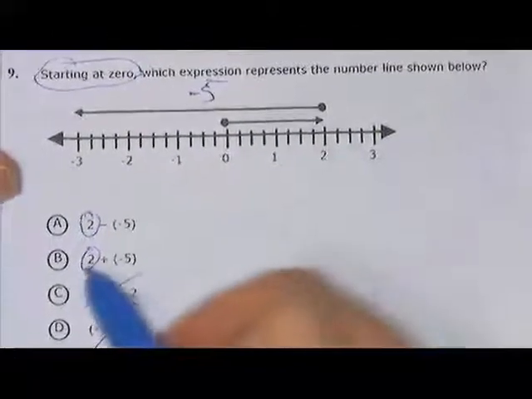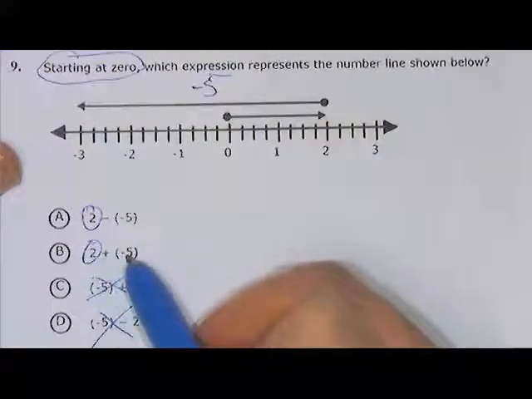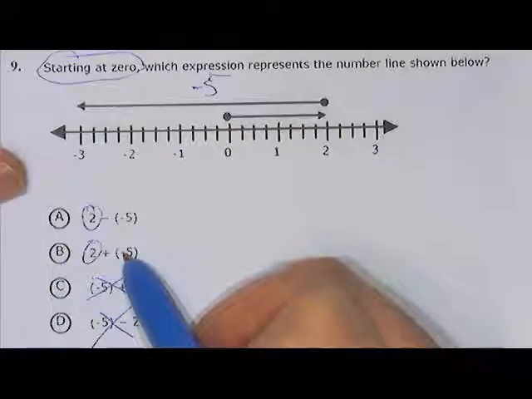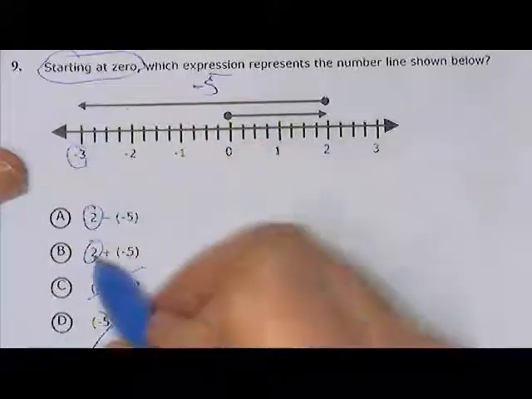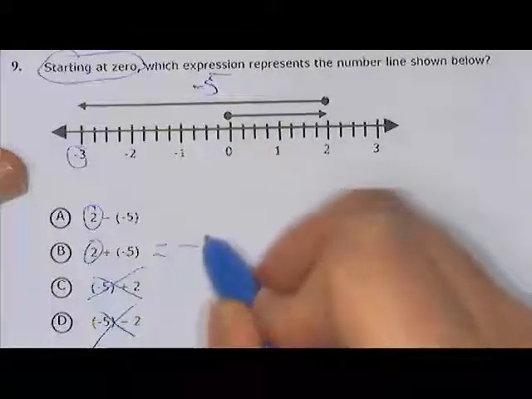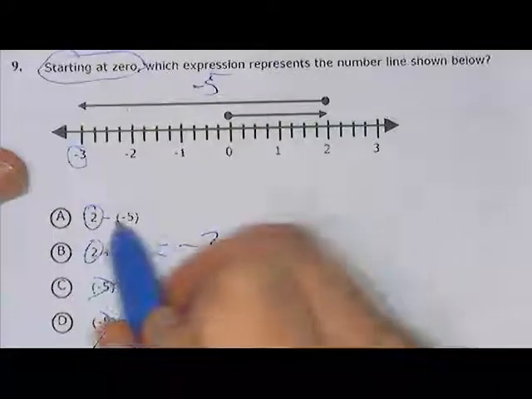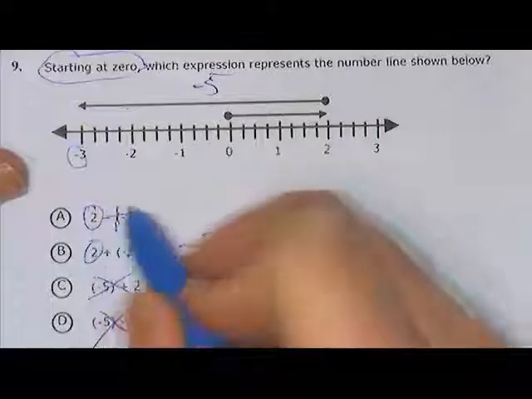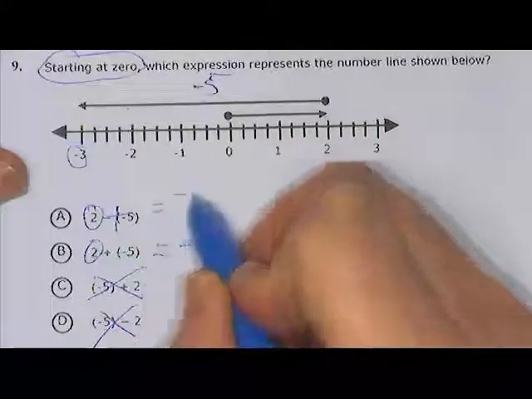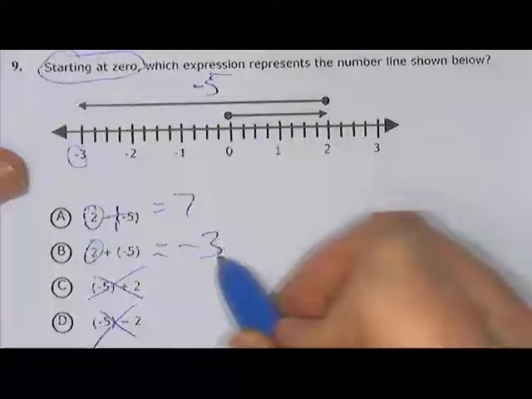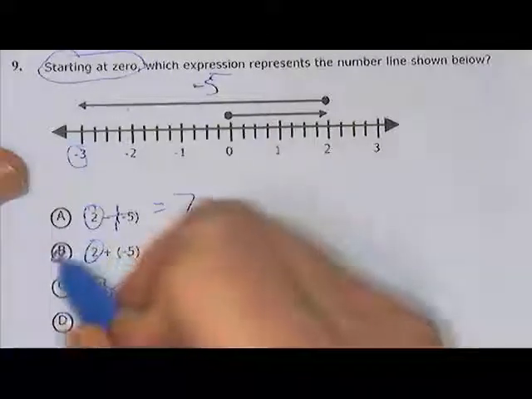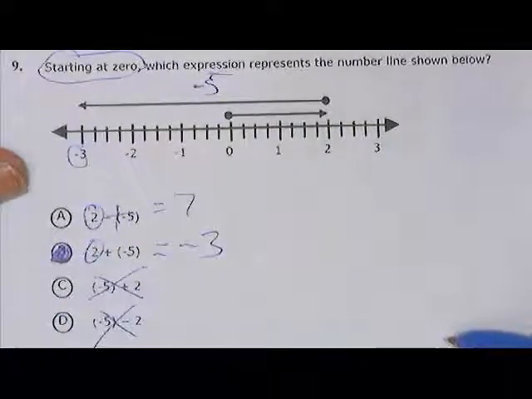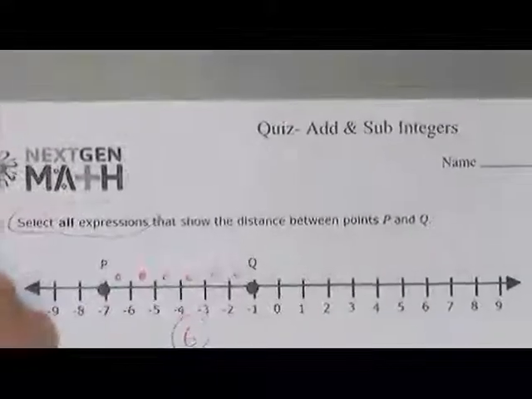Okay? 2 and -5. Because look where it's ending up, at -3. 2 and -5 is -3. This is not -3. See that? This would be 7. This is a correct answer. Okay, so hopefully that will help you when doing this type of a quiz in NextGen.